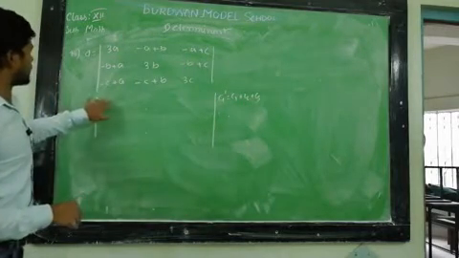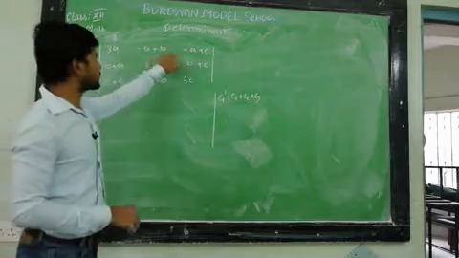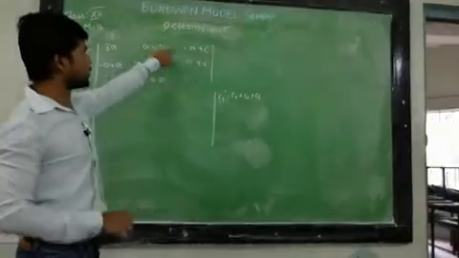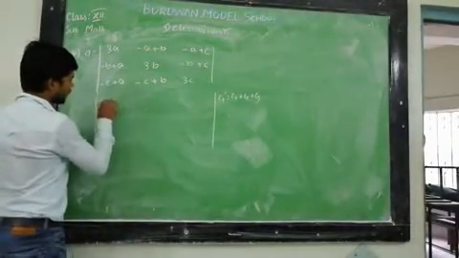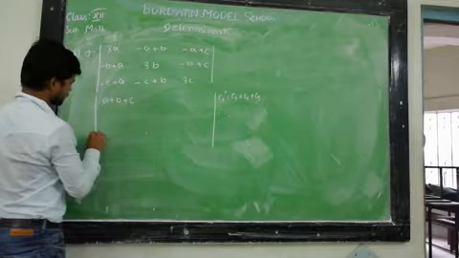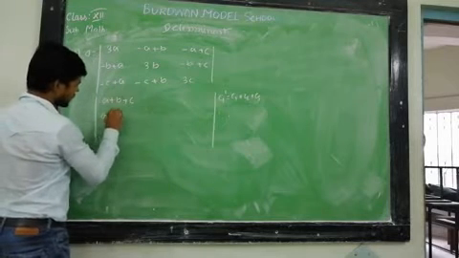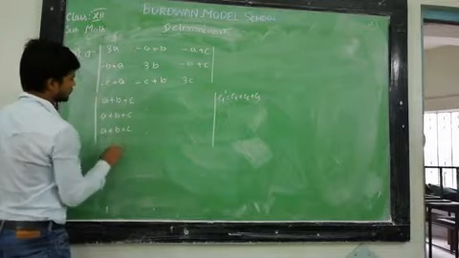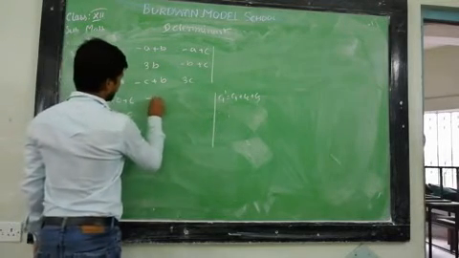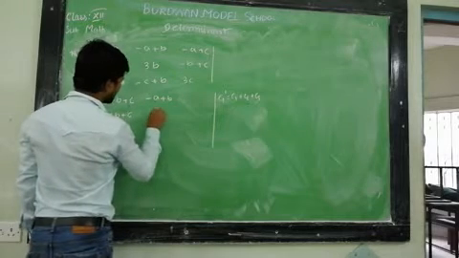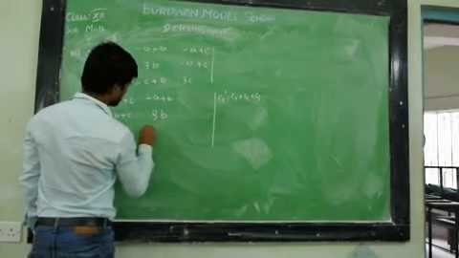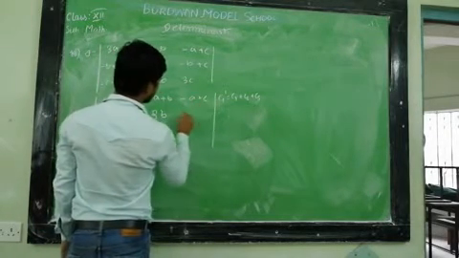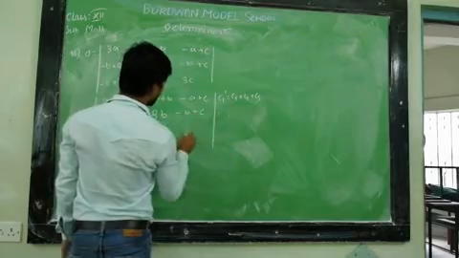So the first entry will be 3a plus this plus this. So 3a minus 2a, that will be a plus b plus c. Similarly, this entry will be a plus b plus c and a plus b plus c. And my remaining entries will be as usual the same.